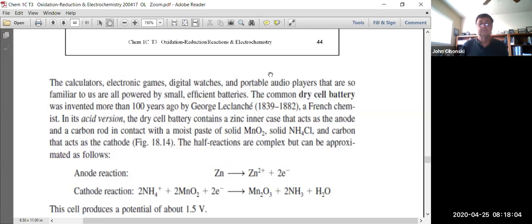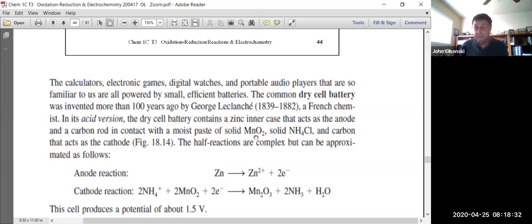Now, let's move on. Oh, I don't know where this came from. I don't think it's in your textbook. But the dry cell battery, like we just got done talking about, was invented more than 100 years ago. And the battery, note this, back then was a zinc inner case that acts as an anode and a carbon rod in contact with a moist paste of solid manganese dioxide.